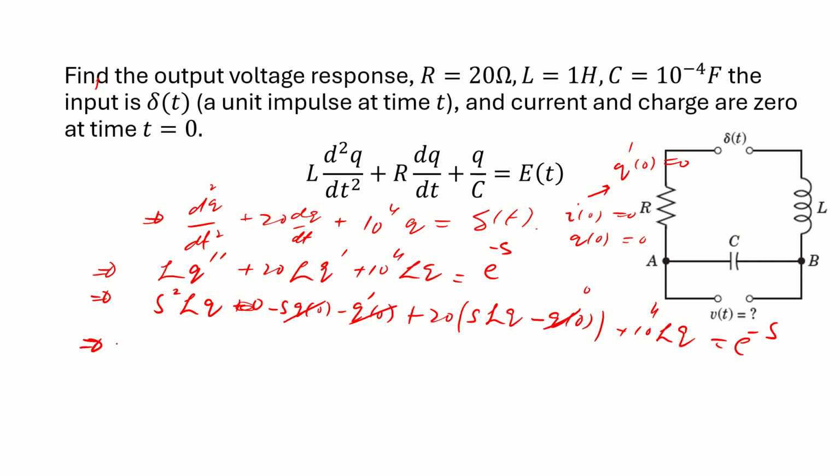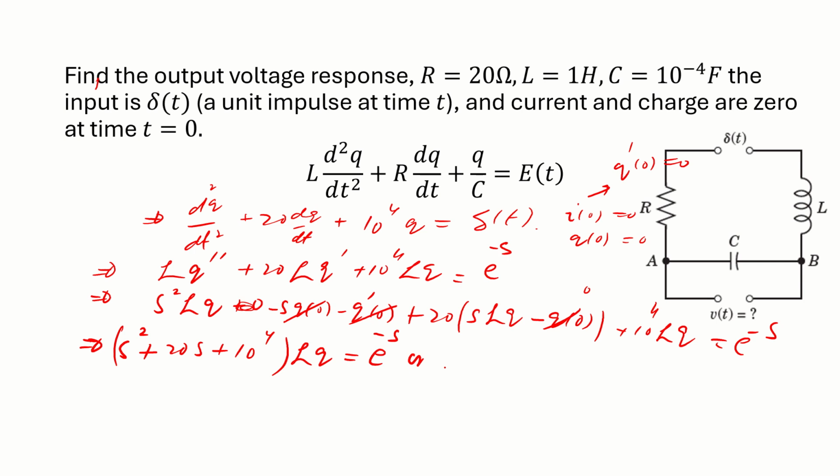Now this can be written as s square plus 20s plus 10 power 4, into Laplace of q, equals e power minus s.